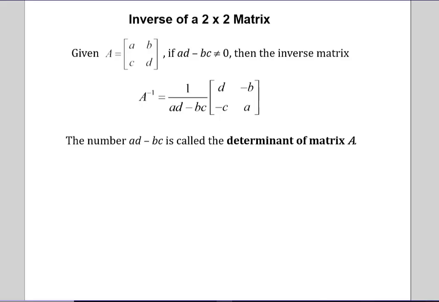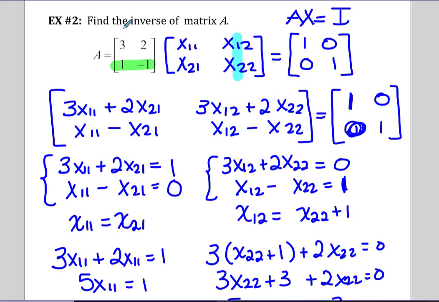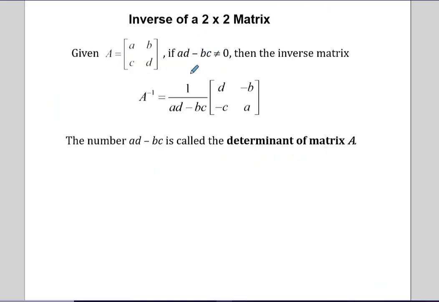So here's another way to find an inverse of a 2x2 matrix. This first way was with matrix equations. The second way is just a formula that we memorize because we're going to talk about the determinant. The determinant is A times D minus C times B. So we're going to take the product here and the product here and subtract them.